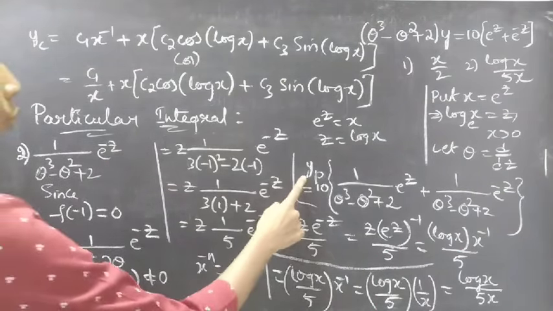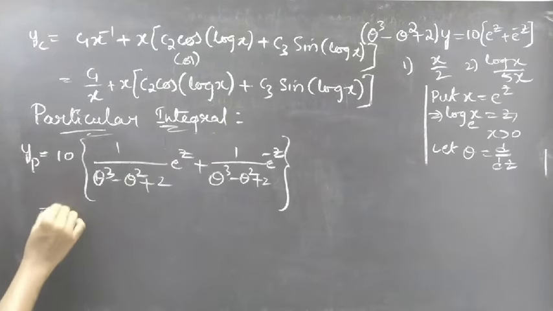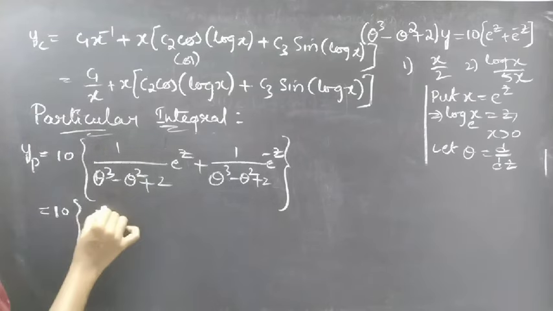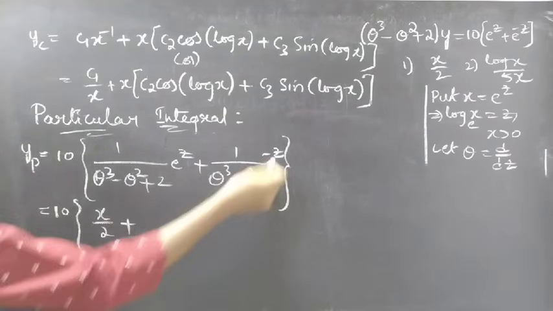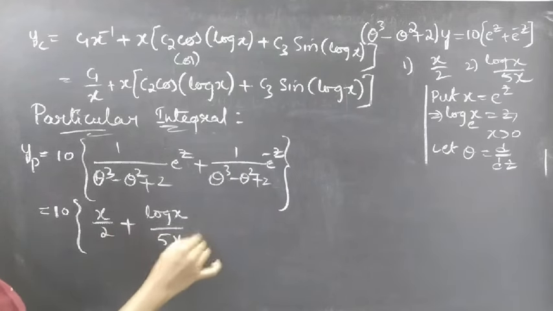Now coming to yp. Yp becomes, result obtained from the first term is x by 2 plus result obtained from the second term is log x by 5x, right? We can write it as 10 into x by 2 plus 10 into log x by 5x. 2 ones are 2, 5 2s are 10.